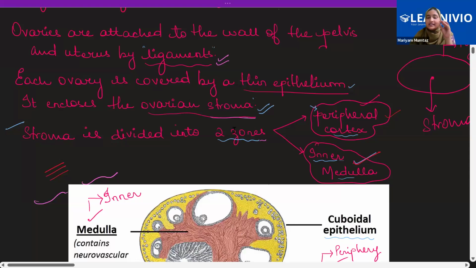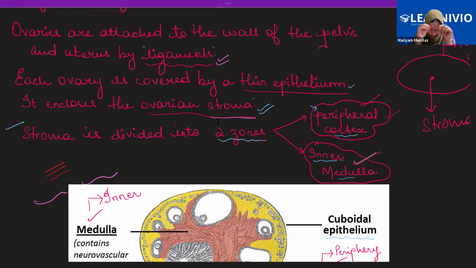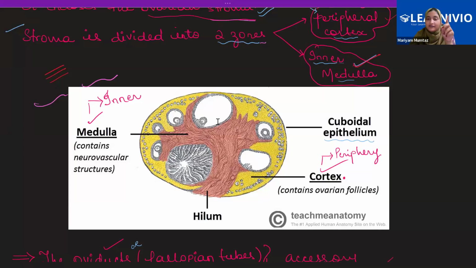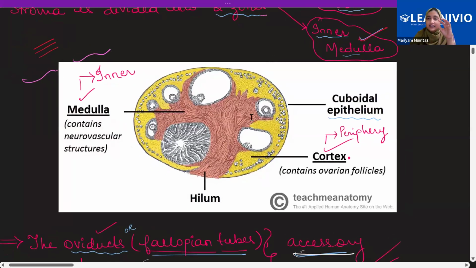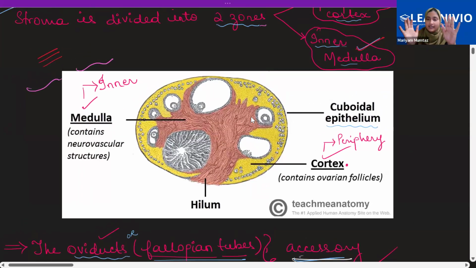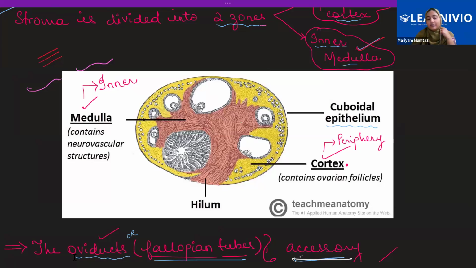Now, this stroma is divided into two zones or two parts. One is the peripheral portion and one is the central portion. The peripheral portion, the yellow part you see in this picture, is basically the cortex area, which is peripheral in position.